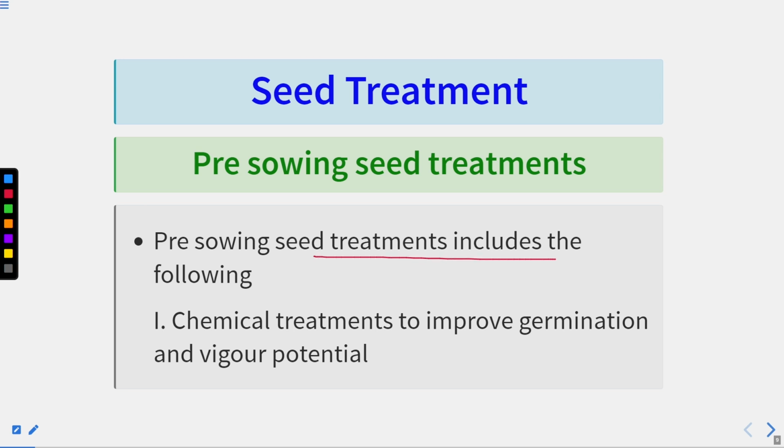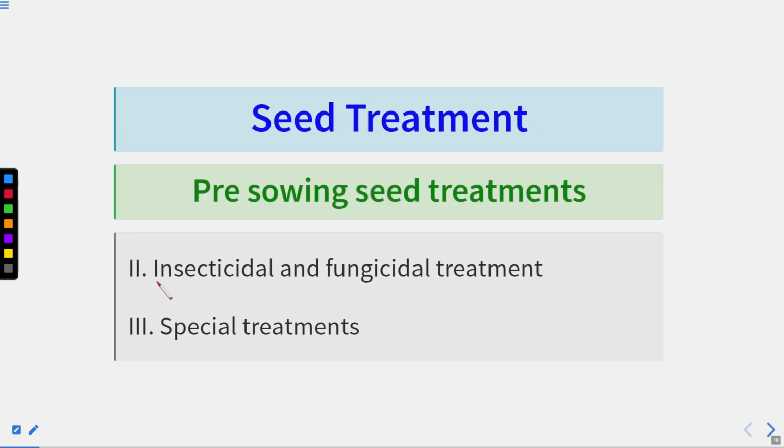Pre-sowing seed treatment includes the following. What are the things included in this particular method? Chemical treatments to improve the germination and the vigor potential. So we are using some chemicals. Insecticidal and fungicidal treatment is the first type of chemical that we are using.